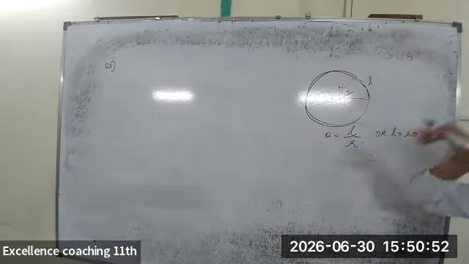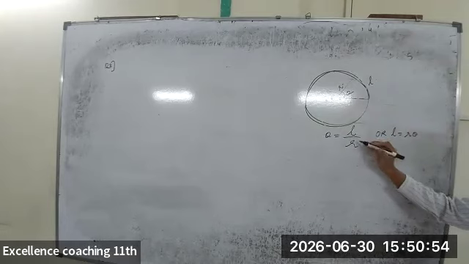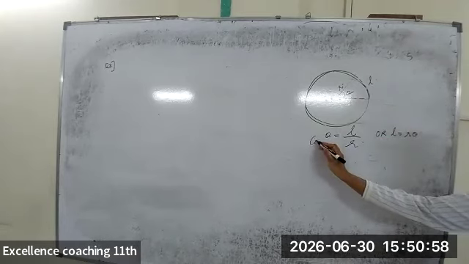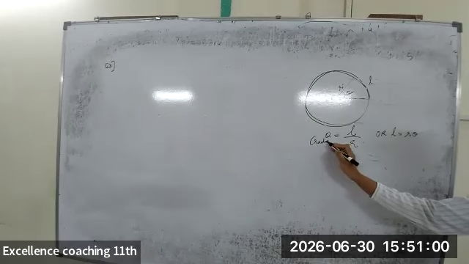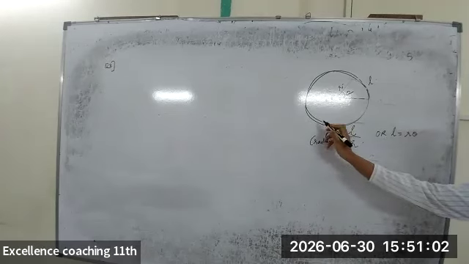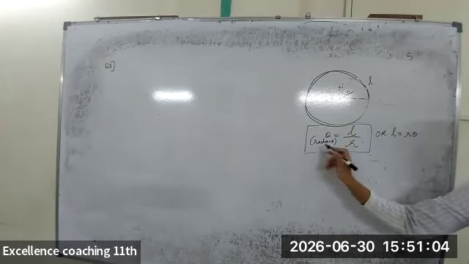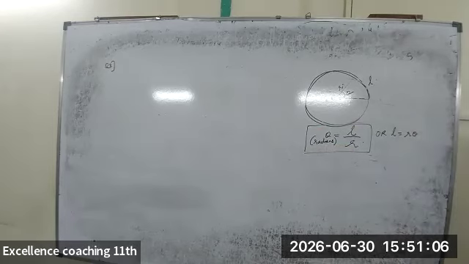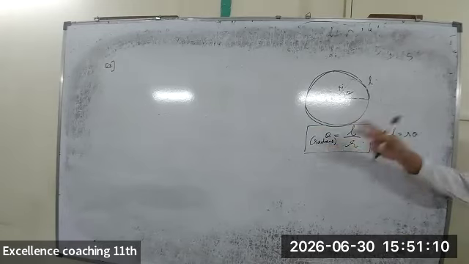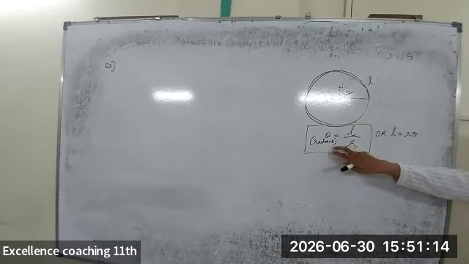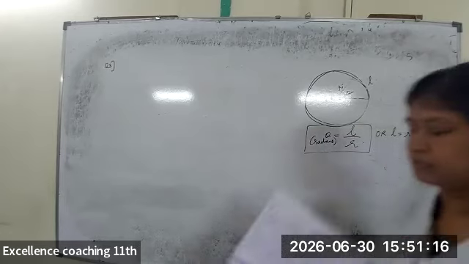Full circle is 360. So if this is one, your theta will be 1 radian like that. So this angle is always in terms of radians, not degrees. Whenever we use this formula, angle will be in terms of radians. If they ask in terms of degrees, then we'll have to convert it into degrees. We'll solve problems anyways, we'll understand that.